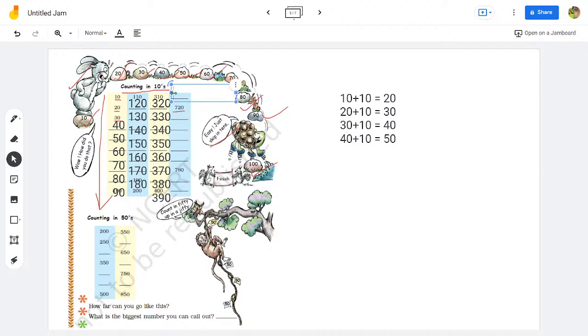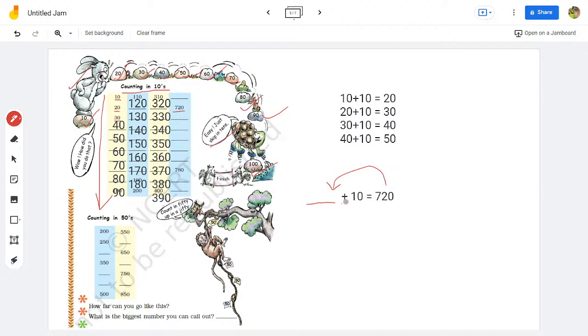So if we go back, let's say we don't know this first number, but we have added a 10 onto this number and we have got 720. In order to go back and find this number, what should we do?